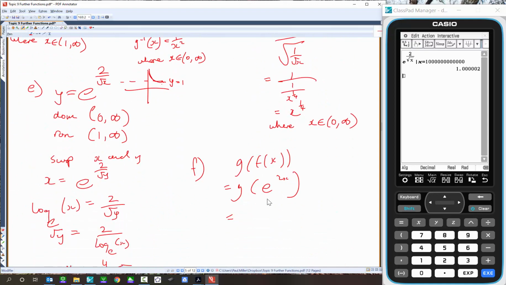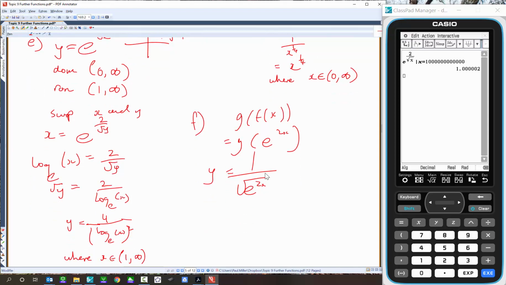We want to do 1 over root e to the 2x. Okay, so there is our composition, y equals 1 over e to the 2x. All right, now our domain is going to be x as an element of 0 to infinity, because that's the domain of f of x.